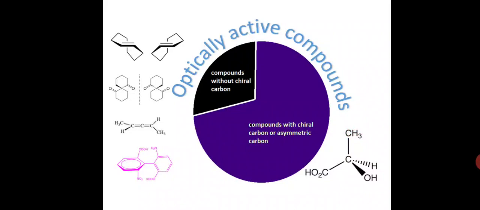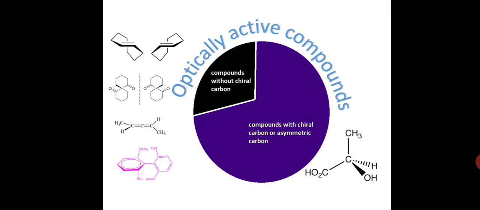So the basic condition for a compound to show optical activity is chirality. All these compounds will have a non-superimposable mirror image. So having a carbon that is attached to 4 different groups is not the mandatory condition for optical activity, but for a molecule to show optical activity, it should have a non-superimposable mirror image. So all these compounds will have a non-superimposable mirror image, and hence they will be chiral and will show optical activity.